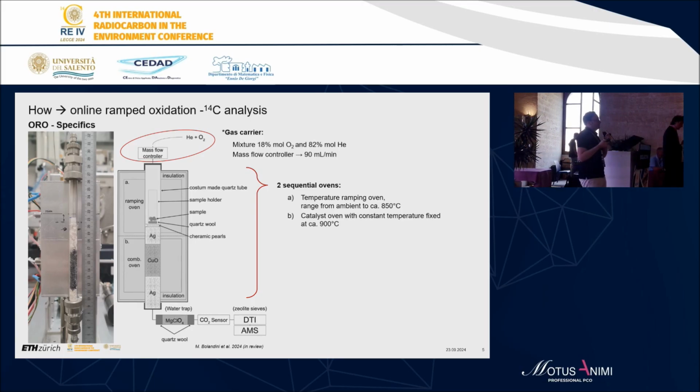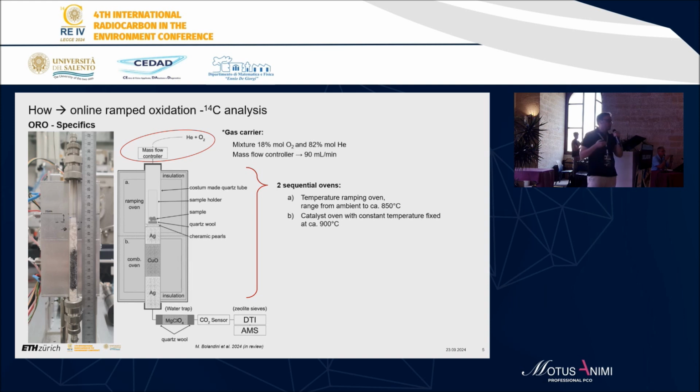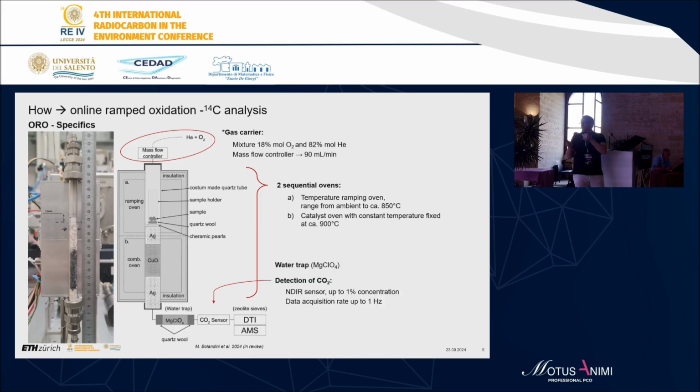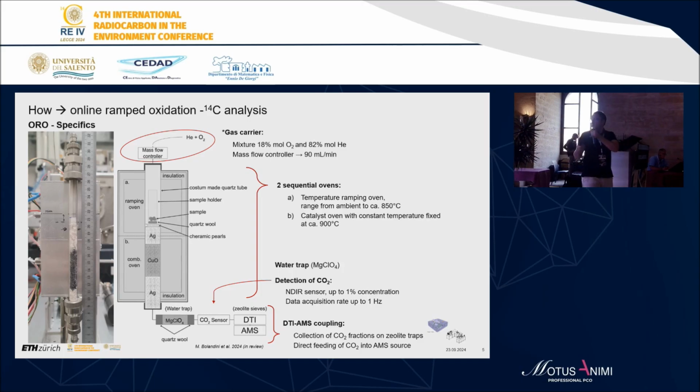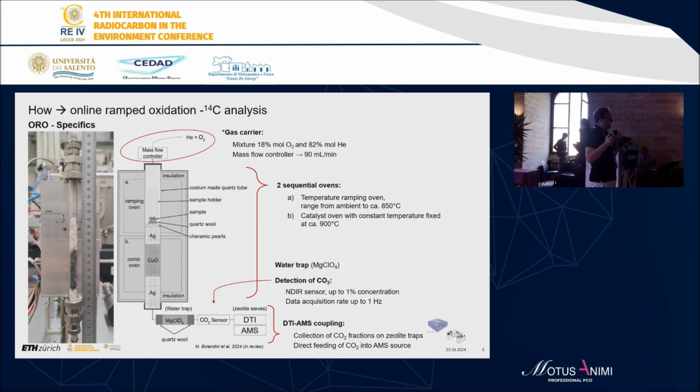Every RPO setup has its own thermogram, and it's important for internal reproducibility to understand this. Finally, there is the CO2 sensor, and then the double trap IMS coupled. I remind you, go to Daniele for a better understanding of the double trap interface.